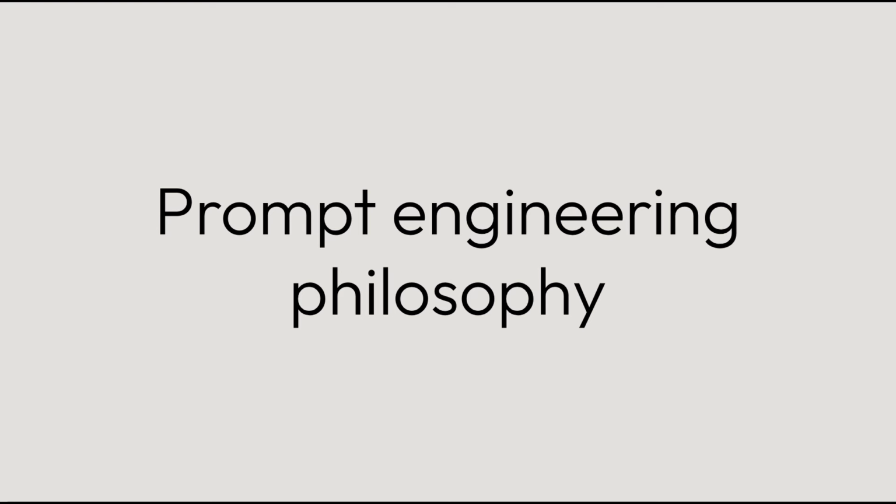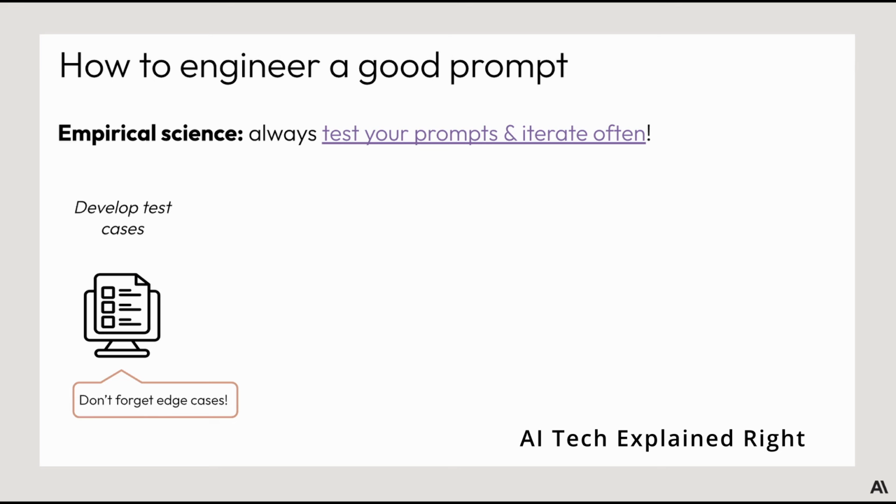Let's see how to engineer a good prompt now. Here you have a link that I advise you to check out. I will put the link in the video description. The first thing to start with is to develop test cases to test our prompts, and we shouldn't forget what we call edge cases.